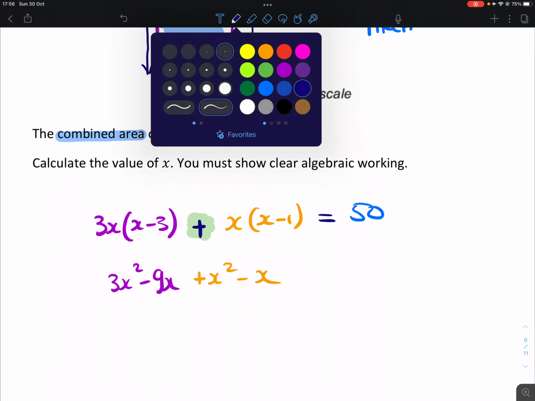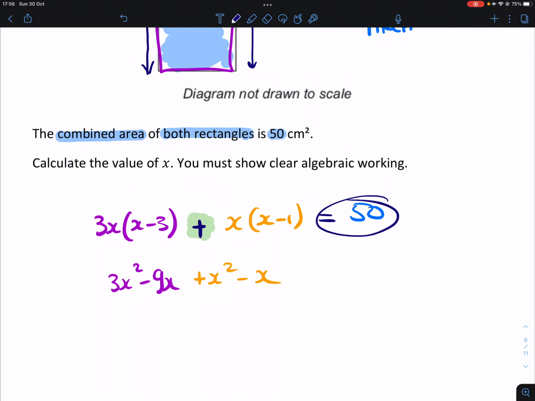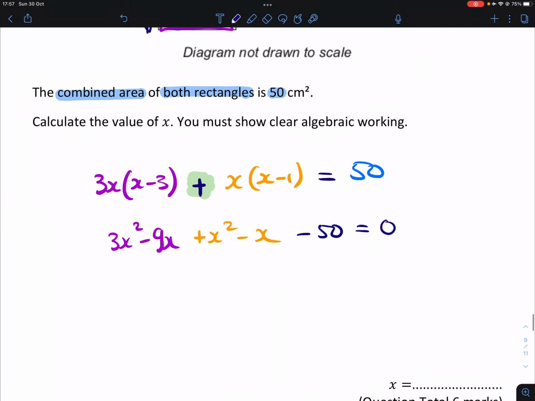So as I mentioned before, and as you can see now just by looking at this part, we end up with a quadratic, so we're going to need an equal 0. So taking away 50 from both sides is something I can also do, as well as breaking out those brackets. When the dust settles here, I'm going to end up with 4x squared, minus 10x, and minus 50 equals 0.